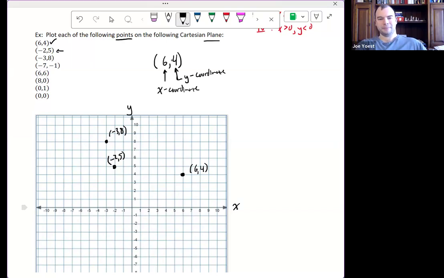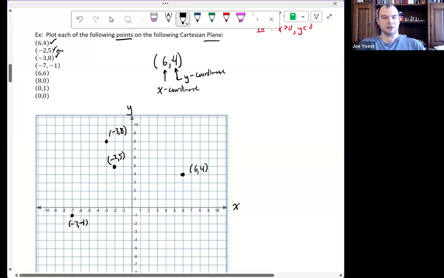I'll check them off as I go along. What about negative 7, comma negative 1? On the horizontal axis, negative 7, going vertically down 1 to negative 1. That is negative 7, comma negative 1, in the third quadrant, because both of the coordinates are negative.